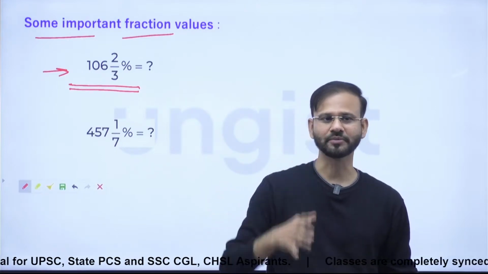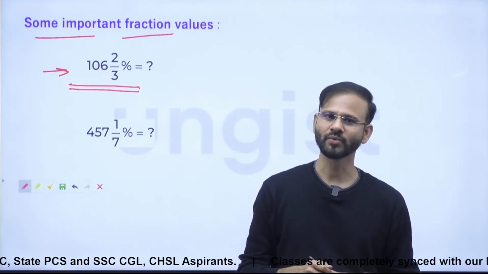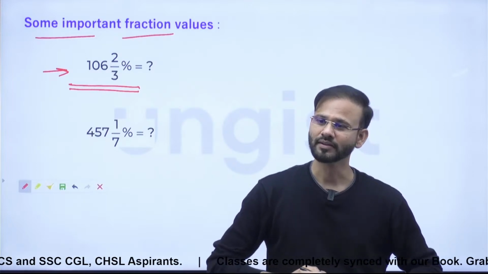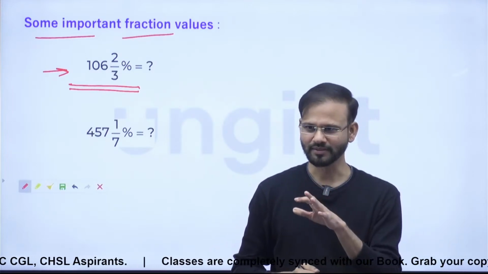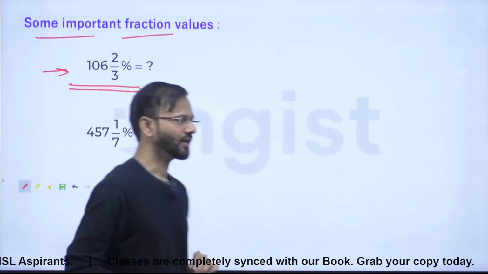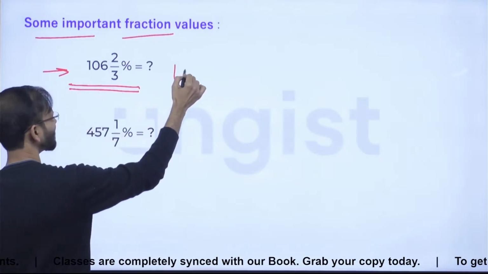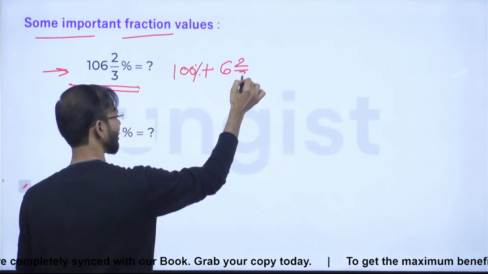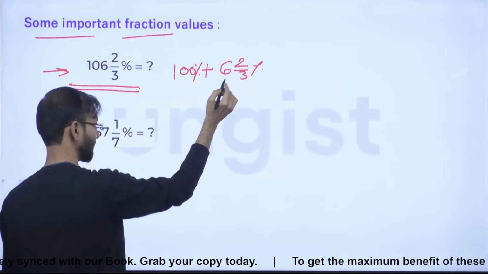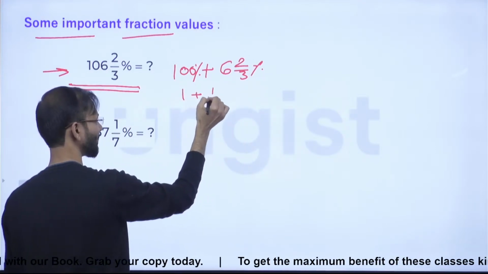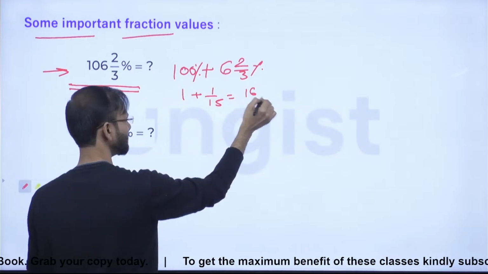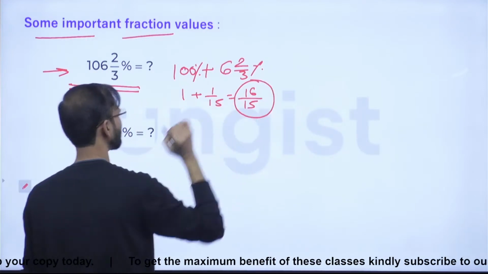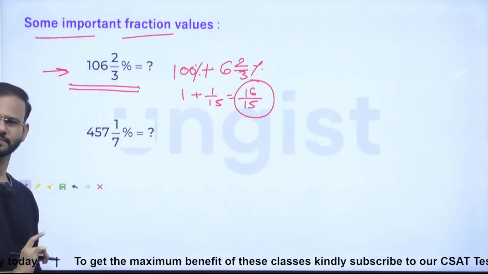Guys, what is 6 2 by 3? 1 by? अभी थोड़ी देर पहले 1 by 15. Yes. So everyone, this is 100% plus 6 2 by 3%, and 6 2 by 3 is 1 by 15. So this is 1 plus 1 by 15. So this is 16 by 15, everybody, right? Everyone, yes or no? Done?